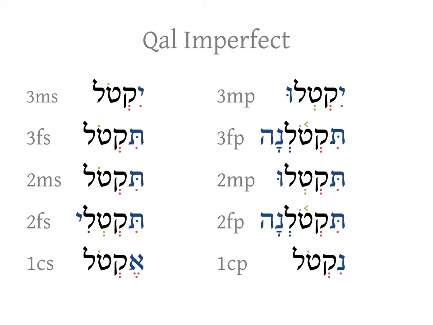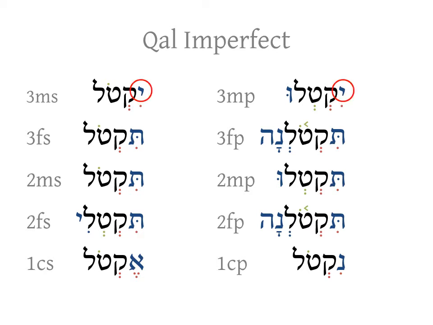The forms in blue, the consonants and vowels, are the prefixes and suffixes. The vowels in red are specific to the Qal Imperfect of strong verbs, and the vowels in green are the stem vowels.